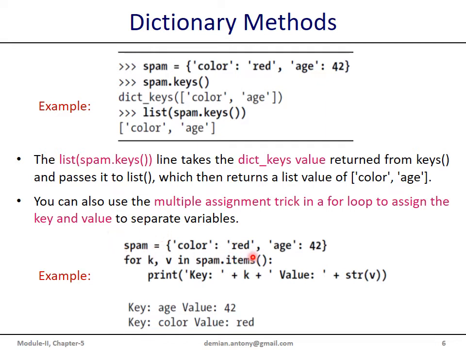Here we have a dictionary with two elements, and spam.items returns a tuple containing key and value, and this key and value can be assigned to variables k and v respectively. Thus we can store these individual keys and values of different tuples within a for statement, and we can process them individually.